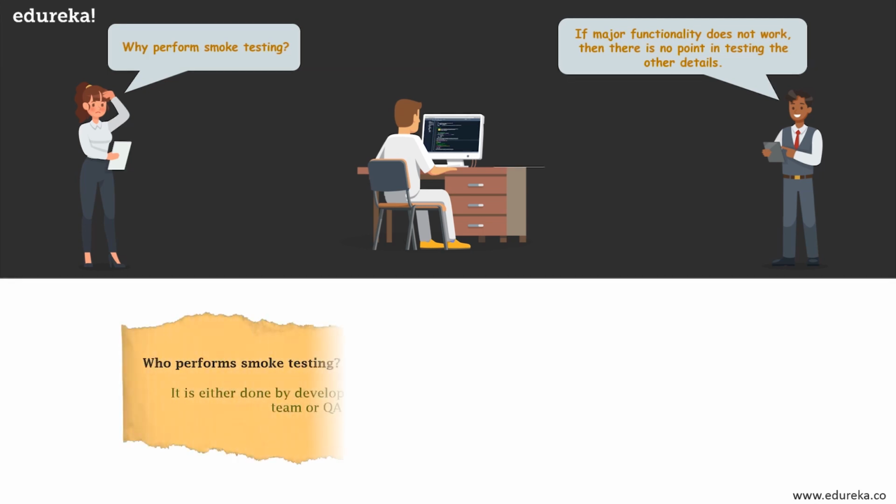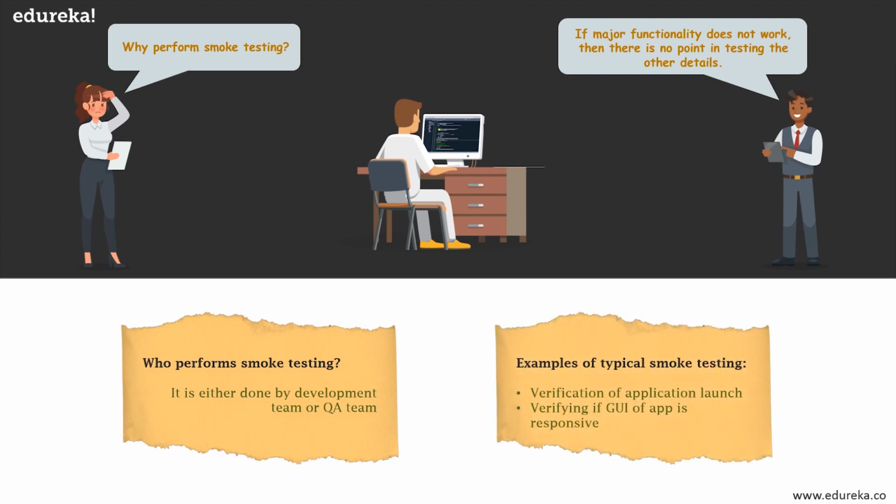Now, who does this smoke testing? Sometimes the development team does a smoke test before deploying the build to make sure that the build is good, while sometimes the QA team or testing team performs basic tests before starting the detailed testing. As for typical examples which come under smoke testing, we have verifying whether the application launches successfully, verifying whether the graphical user interface of the application is responsive, or verifying whether financial transactions are completed well.